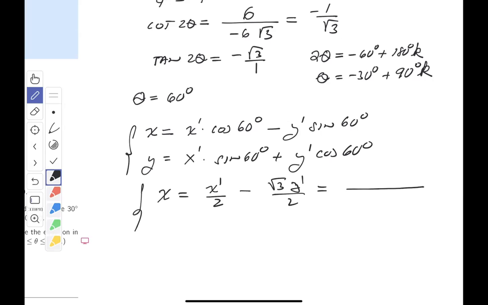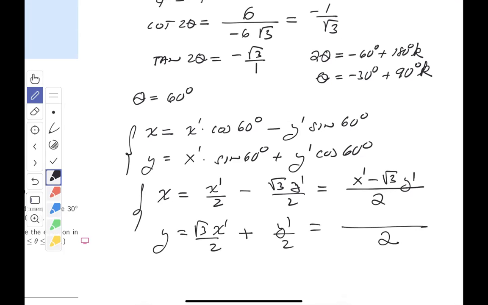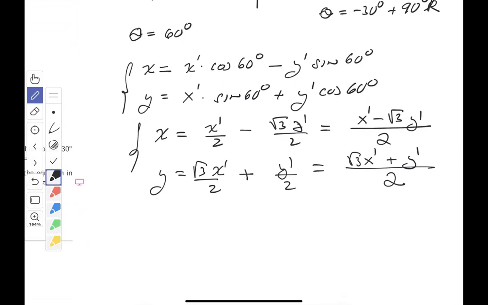Let me write this a little differently. And yeah, I know it's work. Let's put down y now. It's going to be x prime times sine of 60, which is root 3 over 2, plus the cosine of 60, which is 1/2, y prime, or a little differently. Again, if you go back to the original problem, I have 13x squared there.